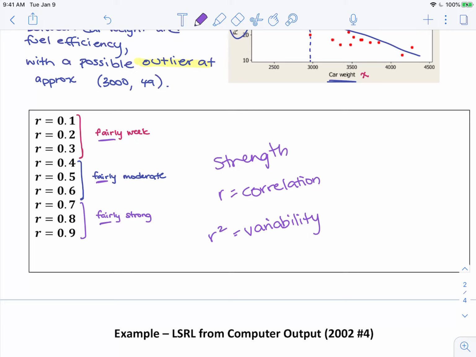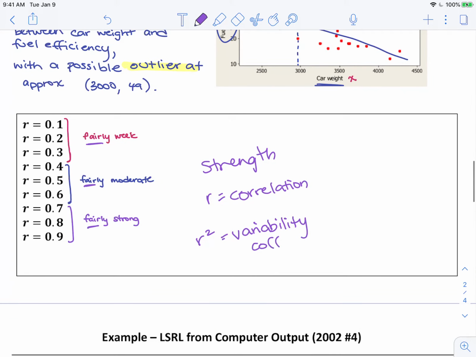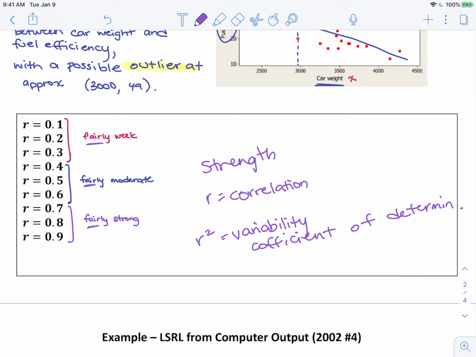So I'm peeking at my notes here. So when you interpret R squared, let me see. That is the coefficient of determination. Coefficient of determination. You get the point.